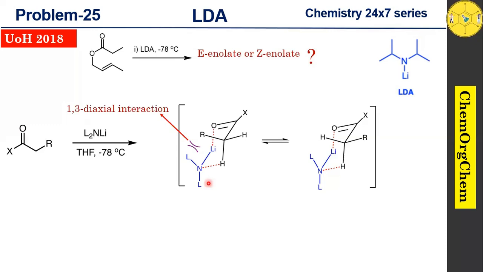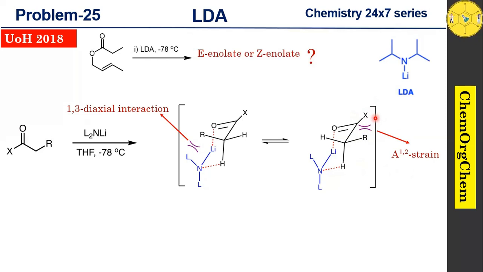If you have larger 1,3-diaxial interaction, this transition state readily switches into this transition state. However, this transition state also encounters allylic 1,2 strain. That means if you have a larger X group, it encounters the allylic 1,2 strain.